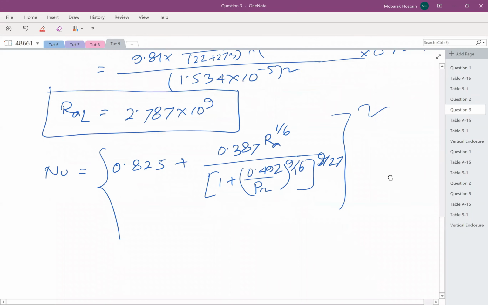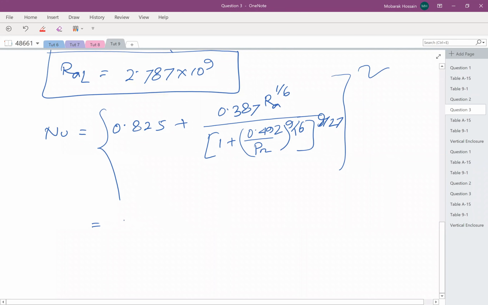Okay, now here 0.825 plus 0.387, and this number we calculated, 2.787 times 10 to the power 9.